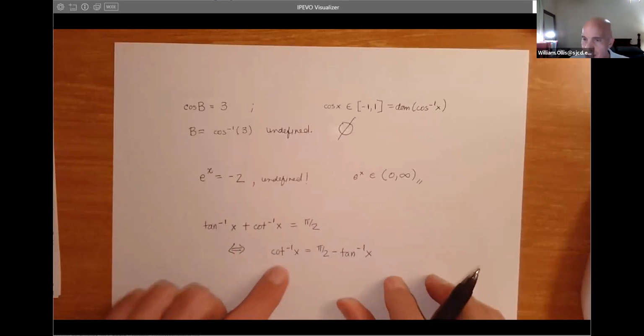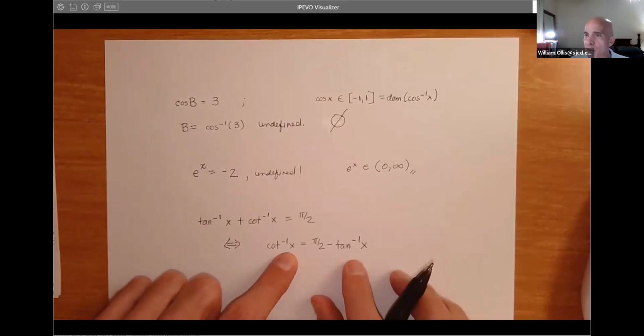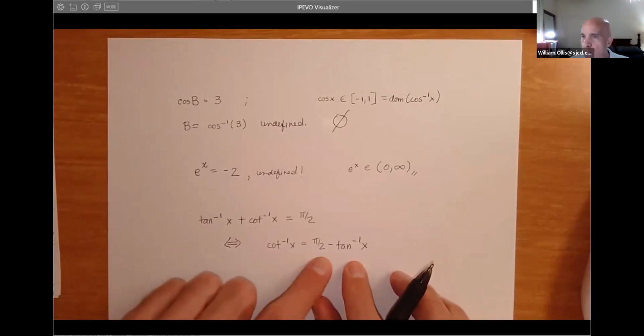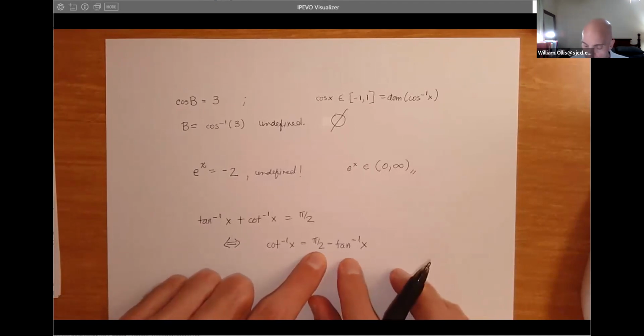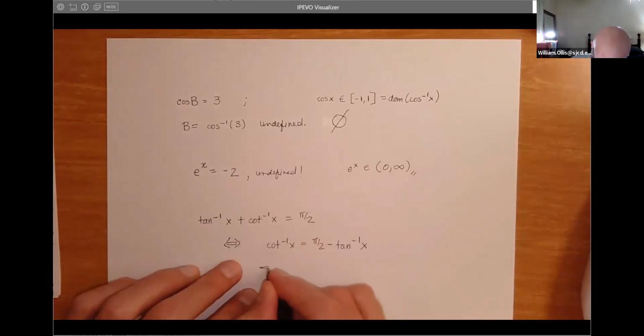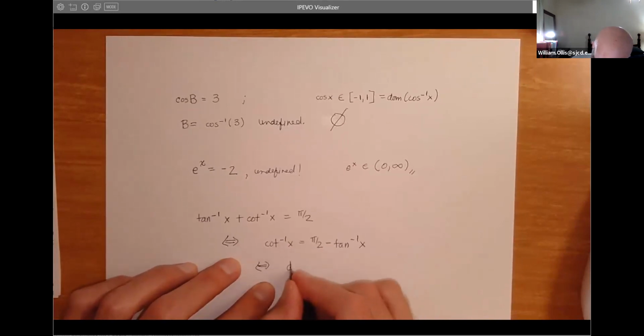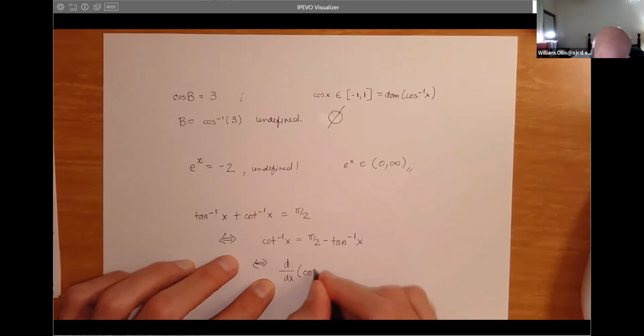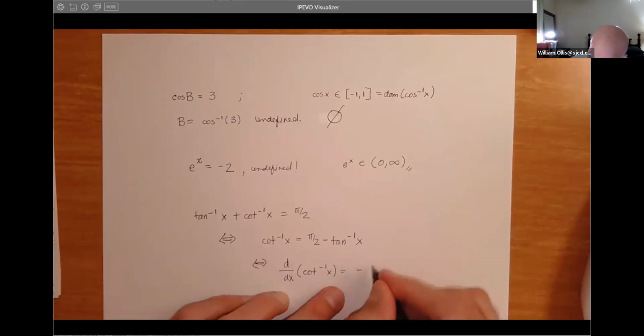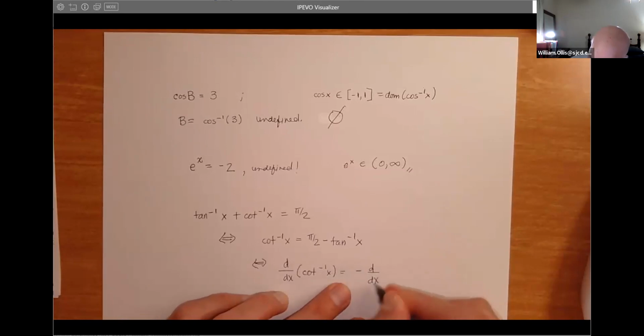Now, of course, when you get to calculus, you will learn about differentiation. The differentiation operator is linear. So when you take the derivative of this, this implies, and this is what you're going to learn in calculus, that the derivative with respect to x of the inverse cotangent of x will be the additive inverse of the derivative of the inverse tangent.